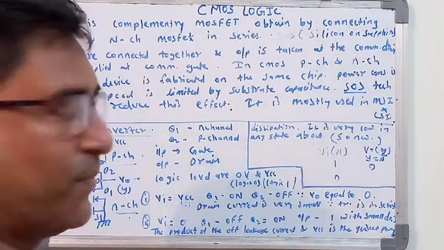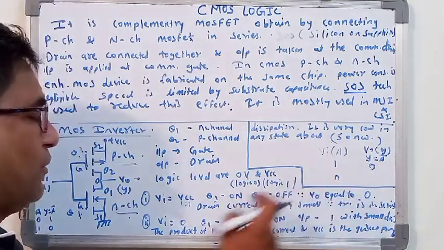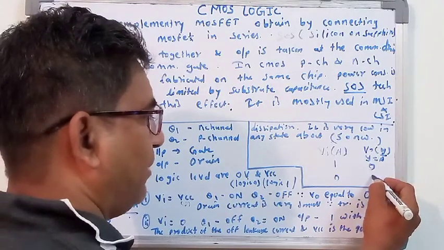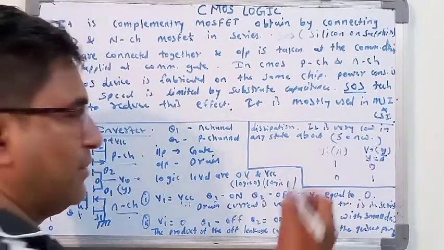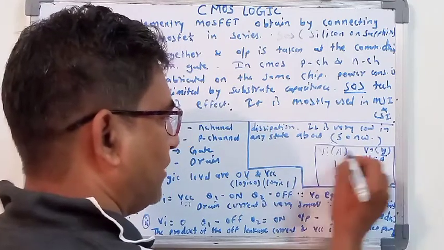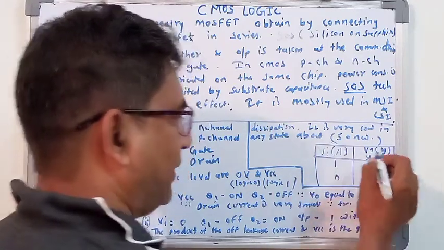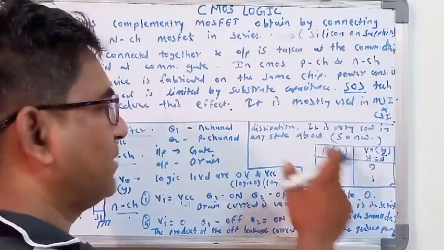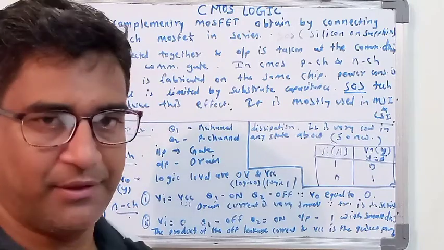But as soon as we apply the input 0, Q1 is off and Q2 is on, and that's why the output will be 1. So we get a table like this. Students, it is very important from your examination point of view, because without this table the answer doesn't complete.